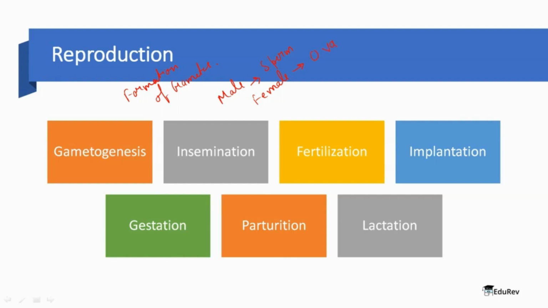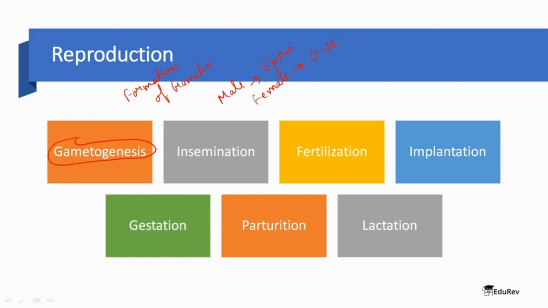For male and female parents to procreate, they must first form gametes. The formation of gametes is known as gametogenesis.